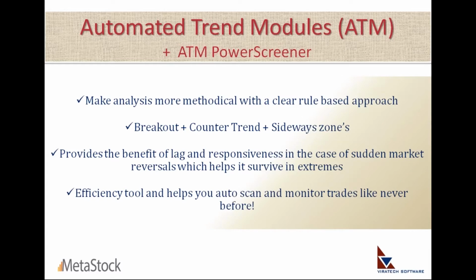So first and foremost, the important goals of the add-on. The first important goal is to help give traders like you and me a rule-based approach rather than a subjective approach. The second very important thing is when we trade in the markets, we do need to have breakout-based indicators as well as counter trend strategies.